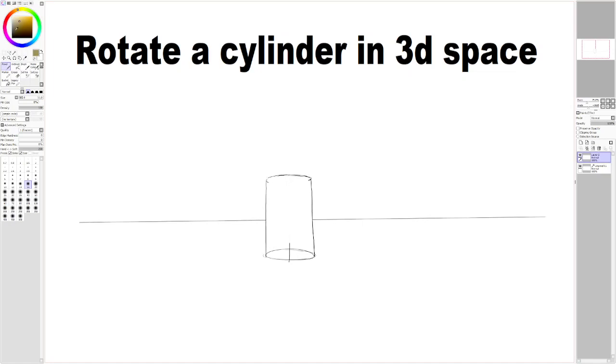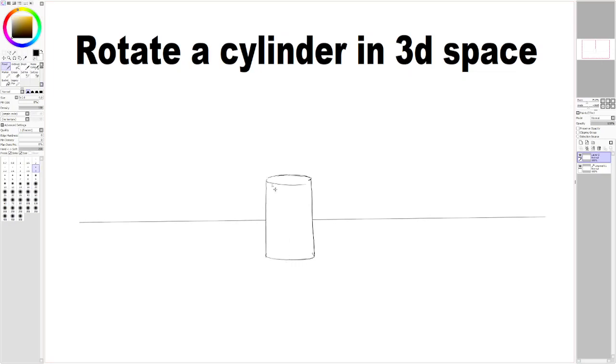And if you look now below, I'm going to erase the farther half of the ellipse that we use to portray the dimensions of this cylinder. And I'm going to show it again.